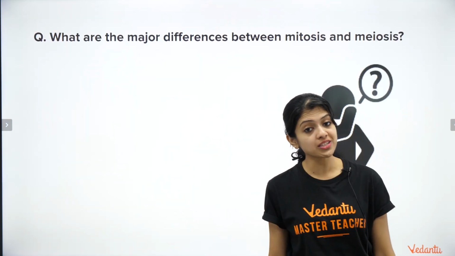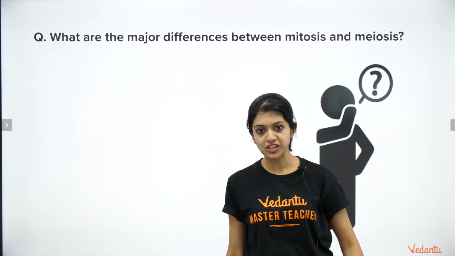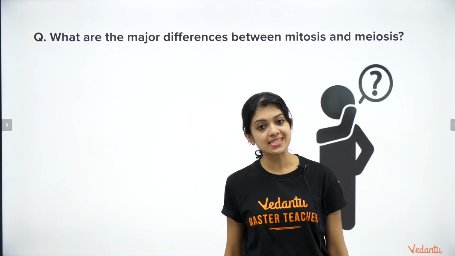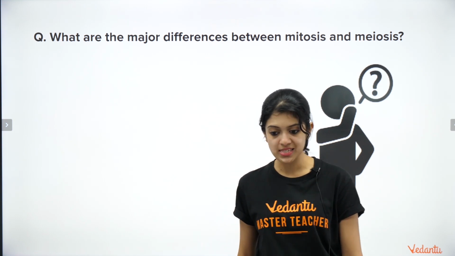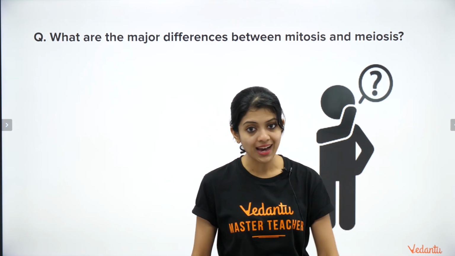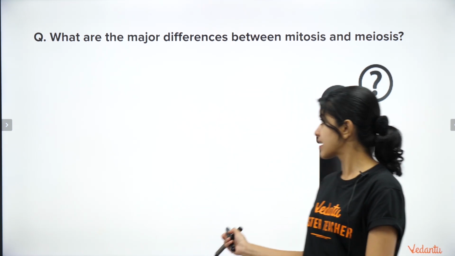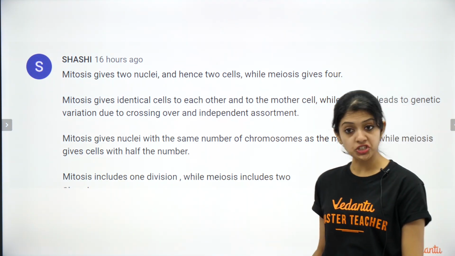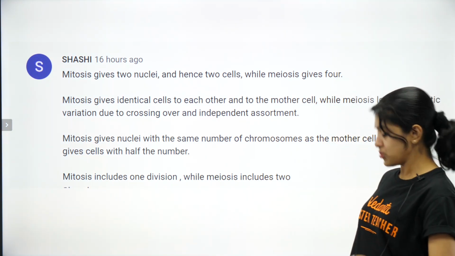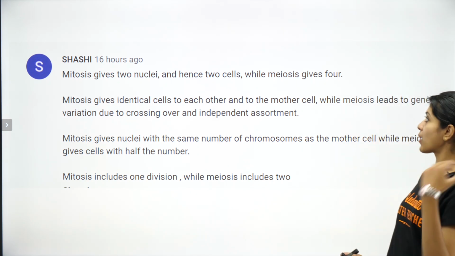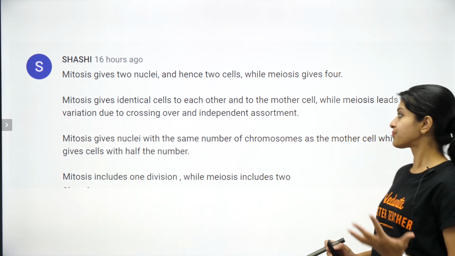The homework question that I had given in the previous session: what are the major differences between mitosis and meiosis? I was glad to see that I got some very quick answers. I have put in 2 answers that came first. One was from Shashi, who says, mitosis gives 2 nuclei and hence 2 cells, while meiosis gives 4.